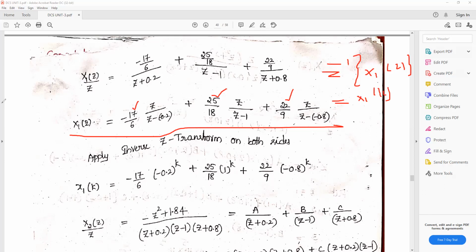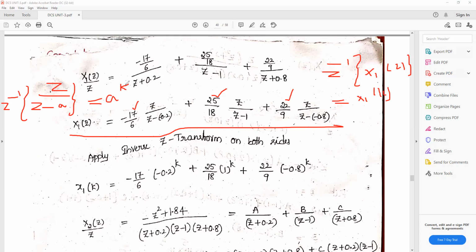And the formula of z inverse of z by z minus a is equal to a power k.